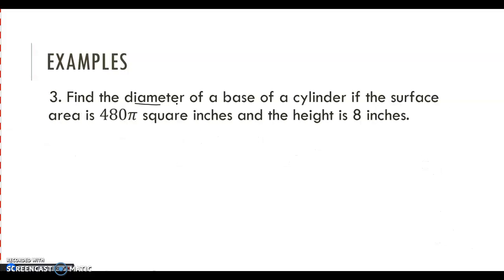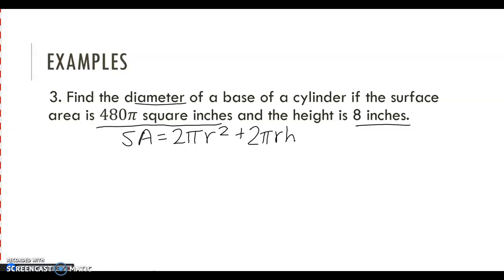So here we're going to find the diameter of the base of a cylinder. We're given the surface area and we're given the height. So let's go ahead and write our equation, substitute in, and we'll talk about how to solve for the diameter. So surface area, 2 pi r squared plus 2 pi r h.